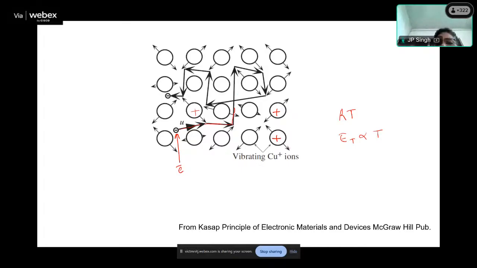So that is the idea of the Drude model: positive ion cores, electrons moving with some mean velocity and deflected when they encounter the cores, and the ions also vibrating because of thermal energy.